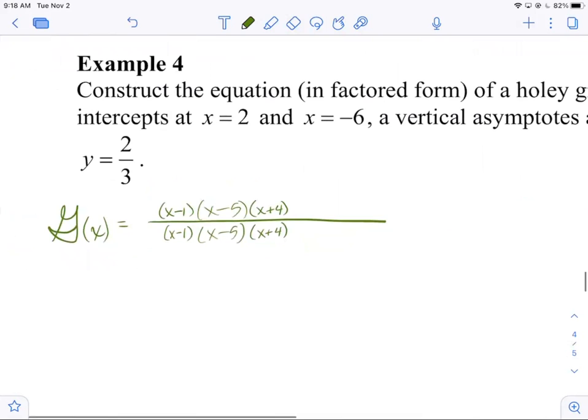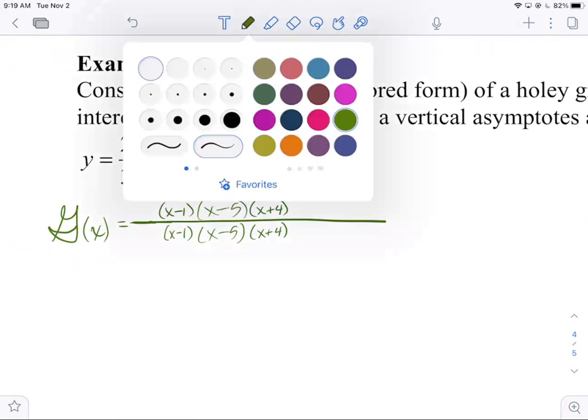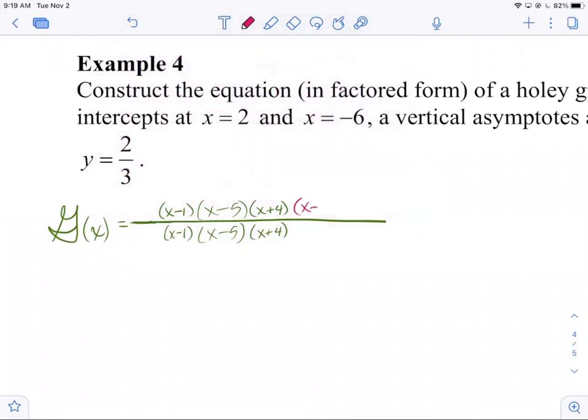All right, x-intercepts at 2 and -6. So if 2 is an x-intercept, what's the corresponding factor? X minus 2. And does it go in the top, bottom, or both? Just the top. Remember, if it's a factor just in the top, it's an x-intercept.